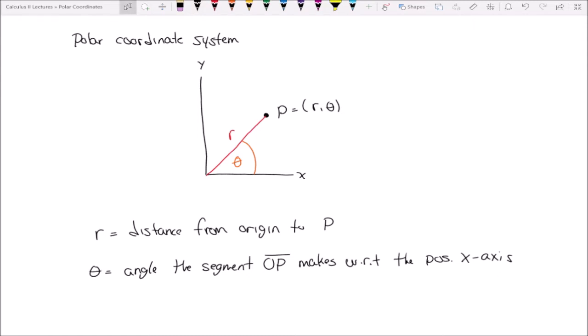Now, given a point P, we wish to be able to convert it from polar to rectangular or rectangular to polar. What we're going to do is notice that this figure, the line segment OP, is a hypotenuse.